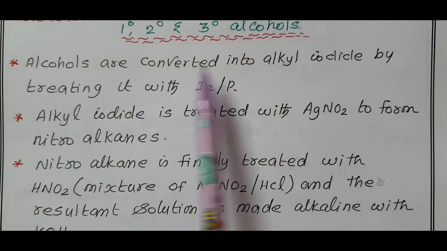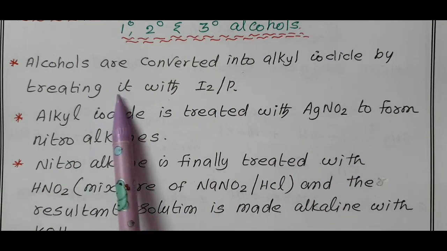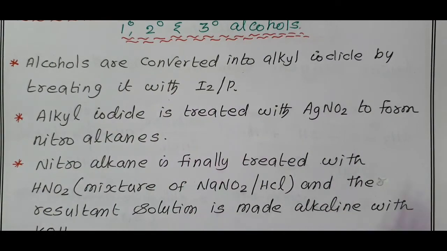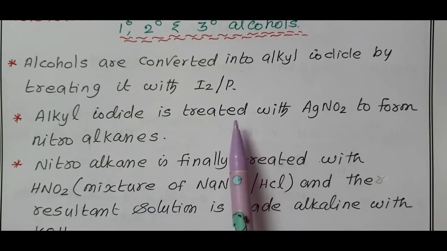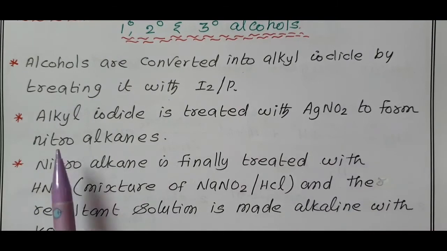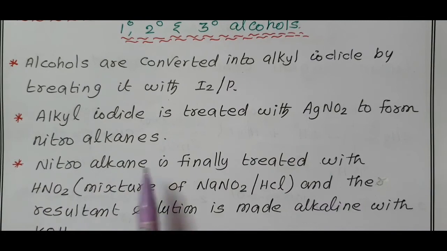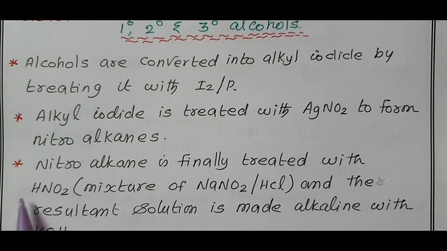Alcohols are converted into alkyl iodide by treating them with I2 and red phosphorus. This alkyl iodide is treated with silver nitrite to form nitroalkanes. The nitroalkane is finally treated with nitrous acid, HNO2.